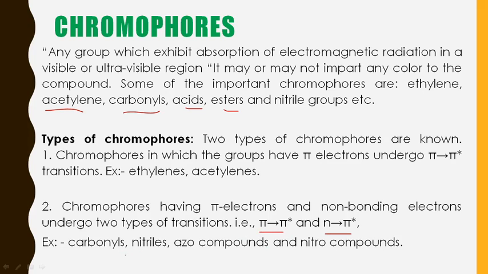For this case, we take the example of the carbonyl group. In the carbonyl group, we have pi bonding electrons and non-bonding electrons. That means there is a pi to pi star transition and also an n to pi star transition.